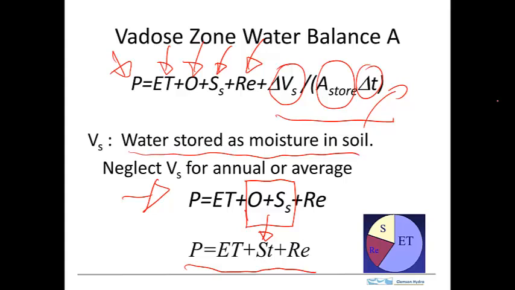We lump both of those together, and we get this balance here. Okay, so this is a different balance than what we had for the overall watershed. That says that the precipitation coming in is equal to the ET coming out plus the storm flow and the recharge.